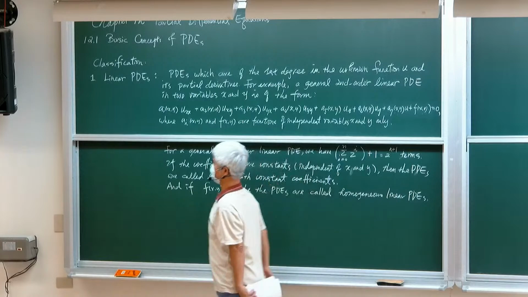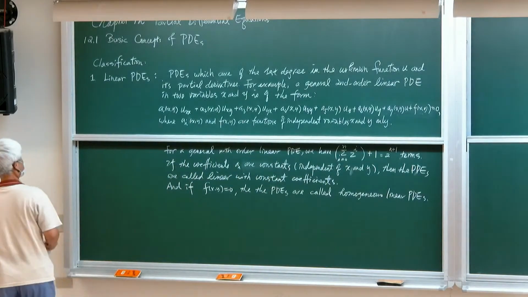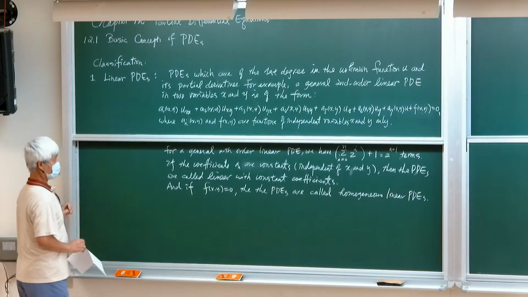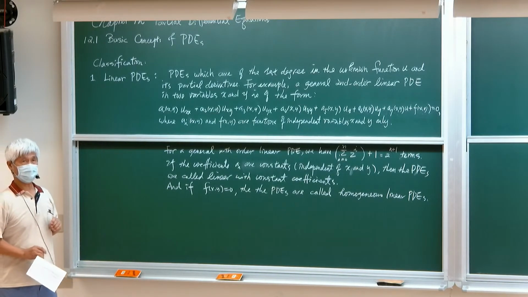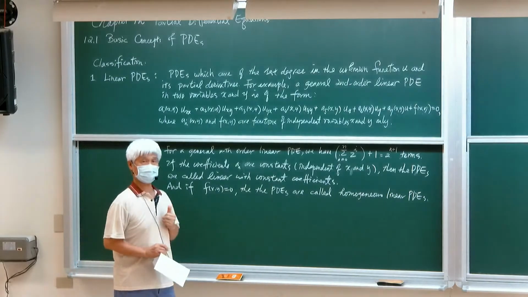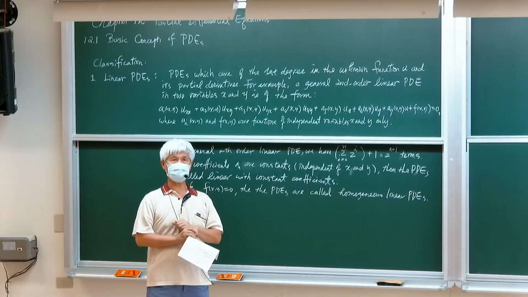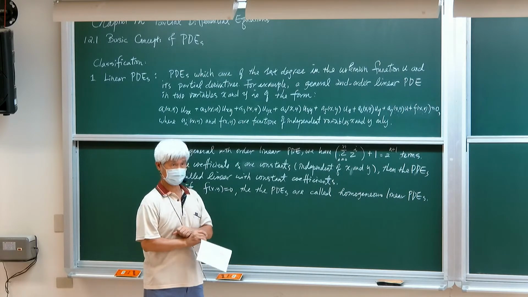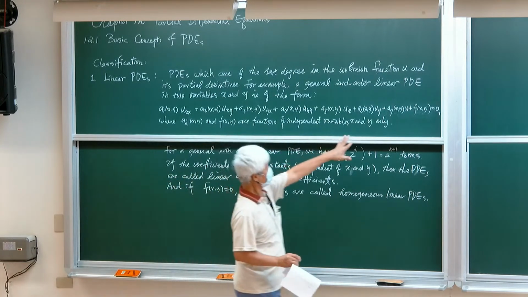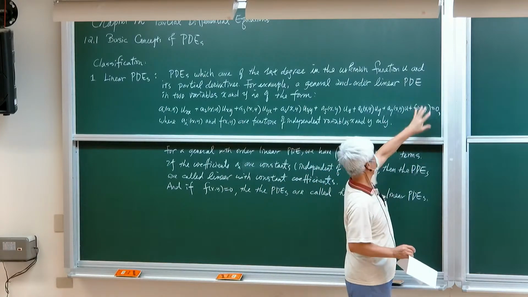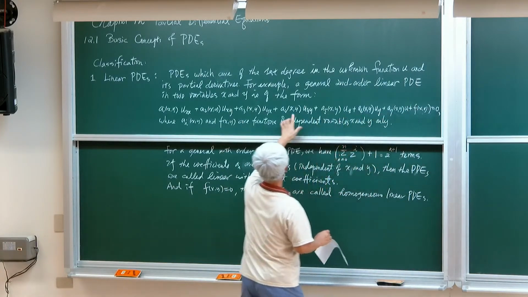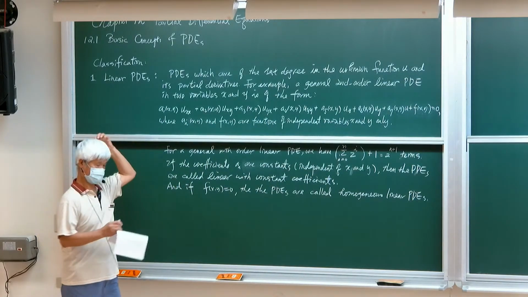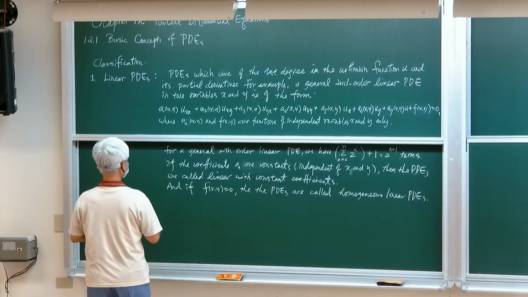Okay. All right. So the simplest PDE would be a homogeneous linear PDE with constant coefficients, right? So f disappears and all the coefficients are constants. Okay.